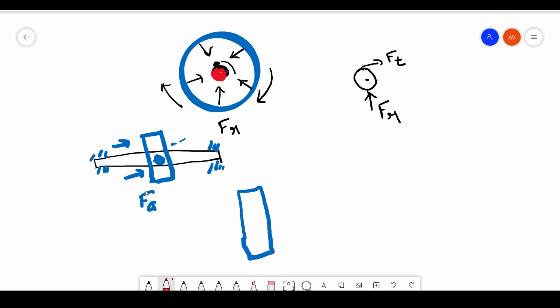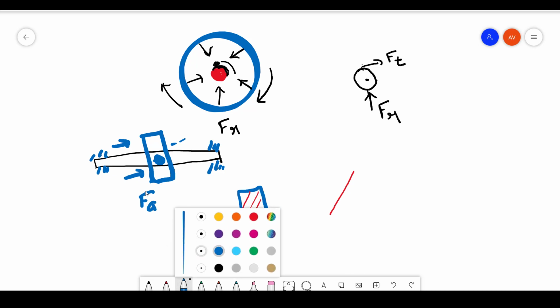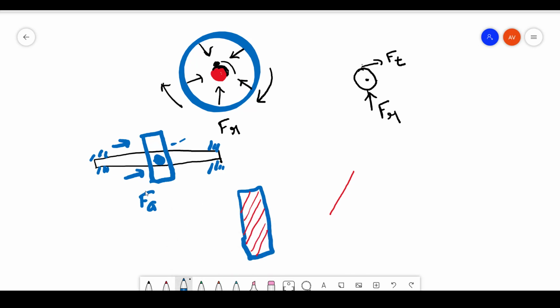Your gear will be having teeth with some helix angle. Let me just take one particular tooth.